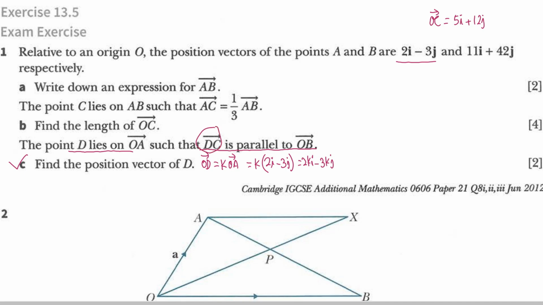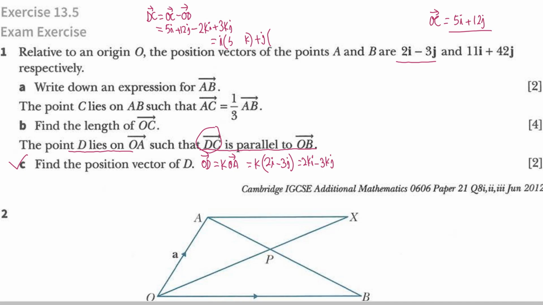Now we find the vector DC, which is OC minus OD. We already have the vector OC, 5i plus 12j, minus the OD vector, which is 2ki, then minus minus plus 3kj. Writing in terms of i and j, taking i common, 5 plus 2k, not plus 2k, extremely sorry, we need to write 5 minus 2k.